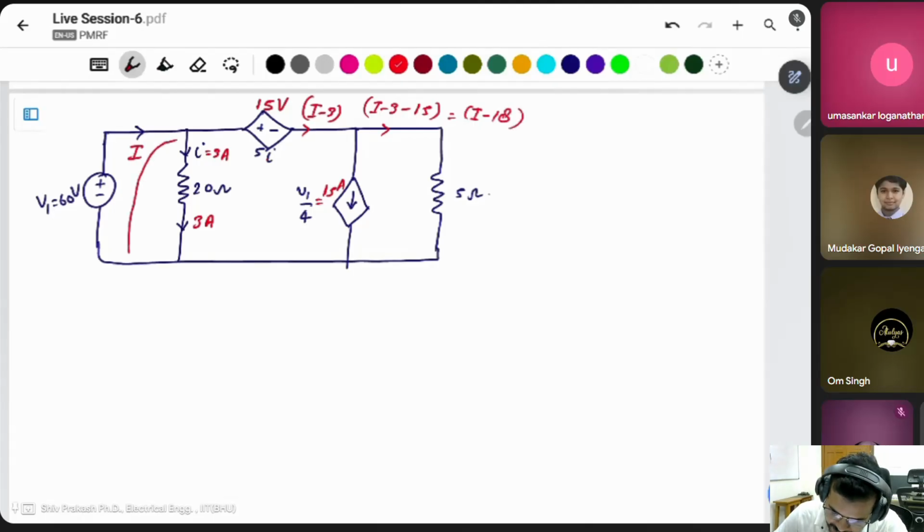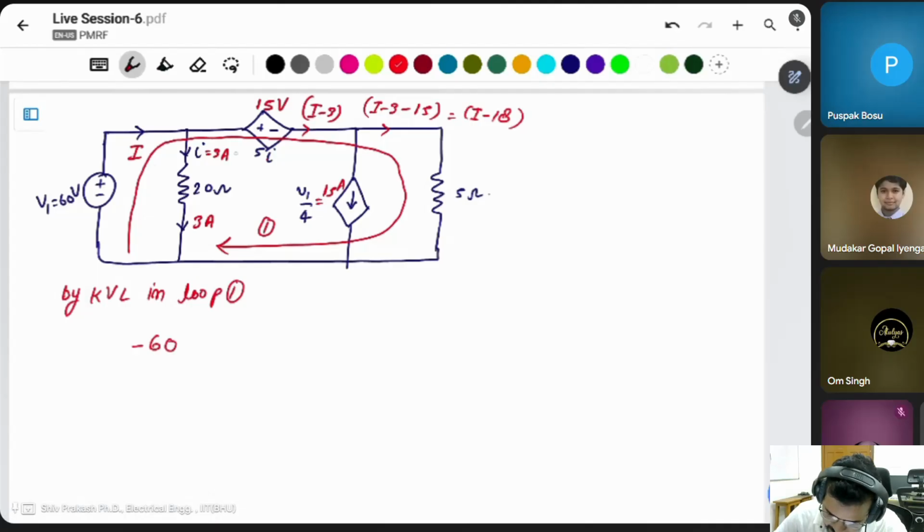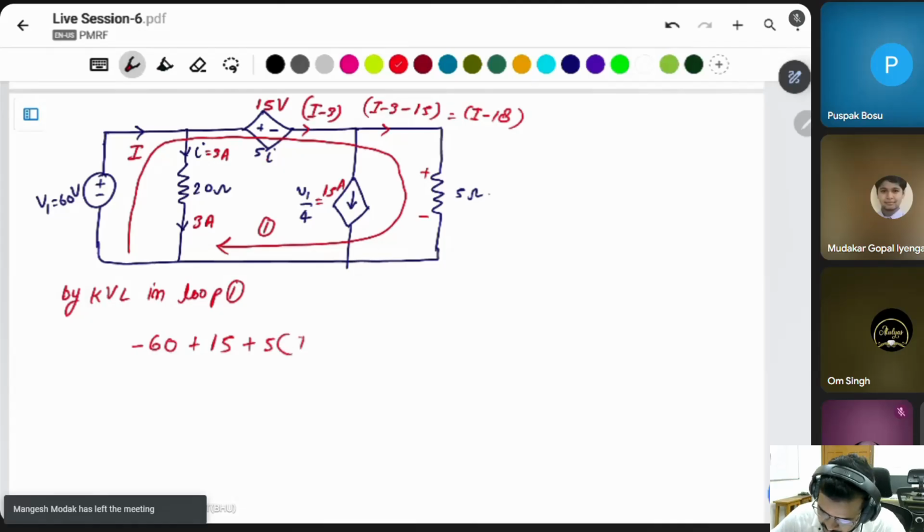Simply use the KVL in this loop 1. This is minus 60. Then this is plus 15, 5 into 3 is 15. Then this resistor voltage drop, 5 ohm resistor. What is the current? I minus 18.